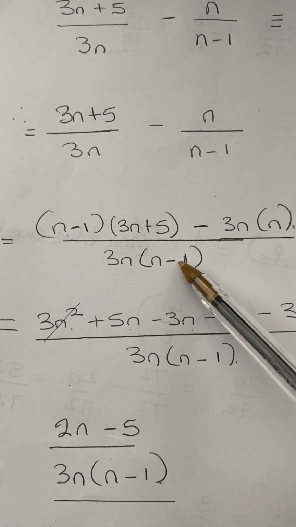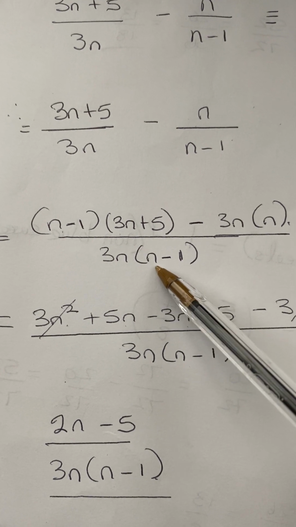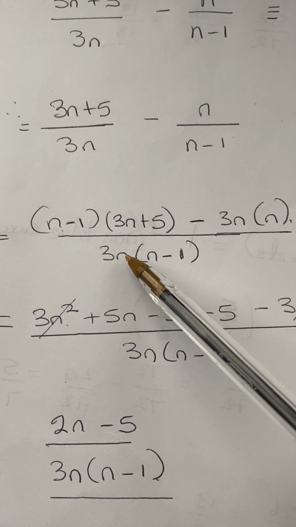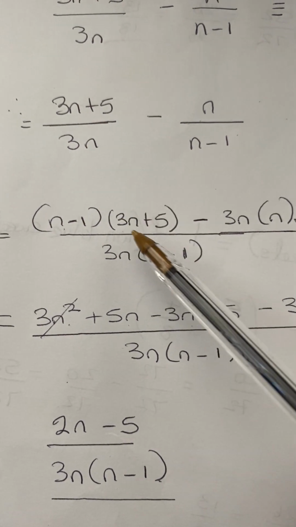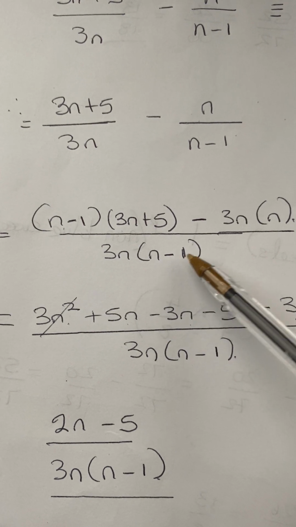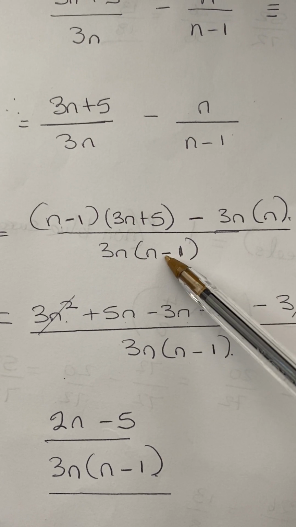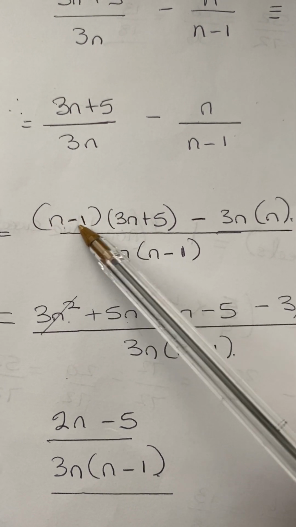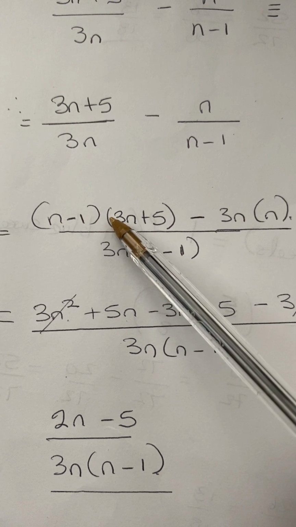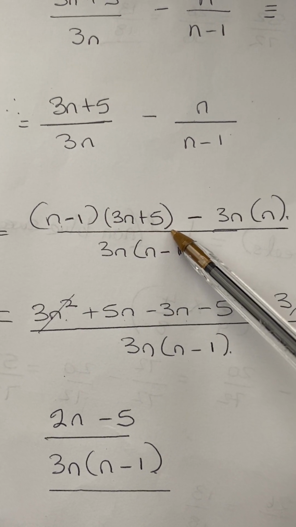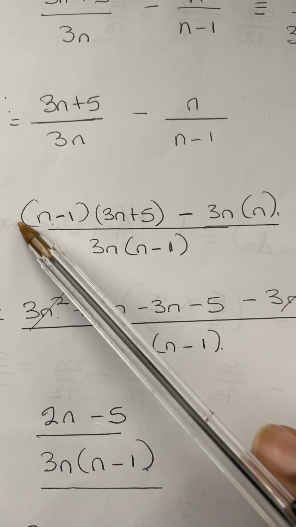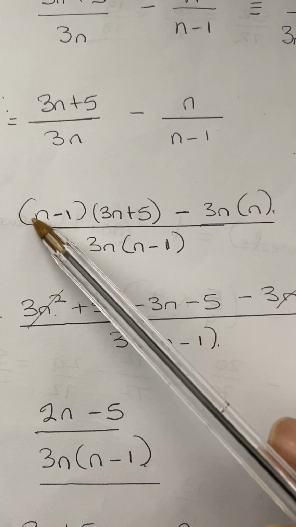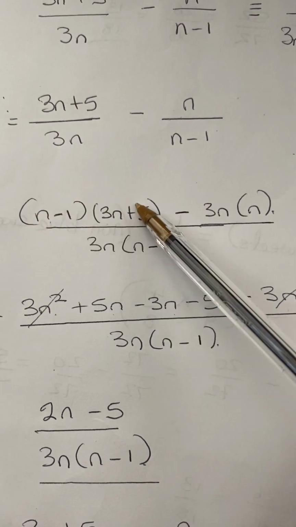The common factor here will be 3n into bracket n minus 1. Okay, so now 3n will go into 3n(n minus 1), and I'll be left with n minus 1. So in the numerator, I have (n minus 1) times (3n plus 5). I'm putting them in brackets so that I don't get confused. Okay, so I'm treating them as if they are one x and y.